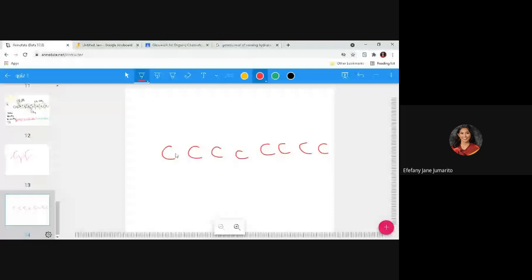Then on carbon 2, then the next one, 3, 4, 5. We put bonds again, C, and then here we put bonds.